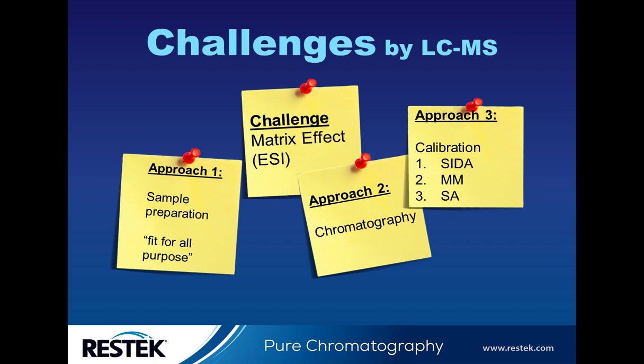So far, I've been talking about the LCMS method, and actually there are also many other analytical methods that have been developed for mycotoxin analysis, such as GCMS, SFC, TLC, immunoassays, and so on. But increasingly, LCMS is more and more popular.